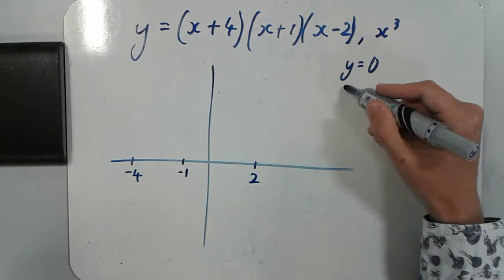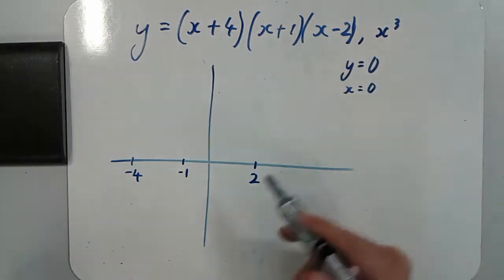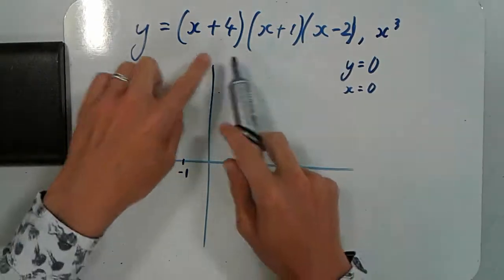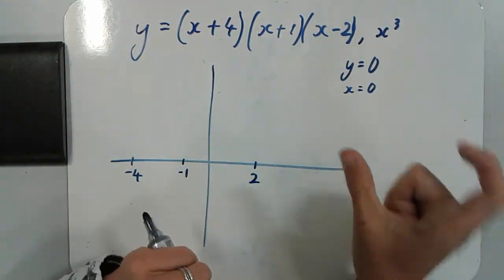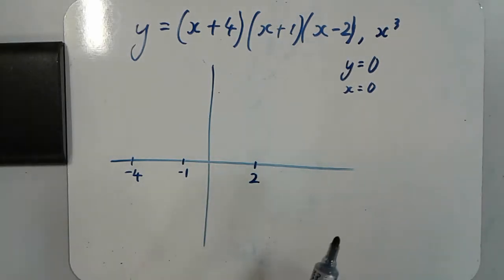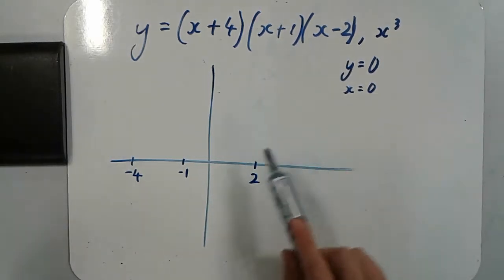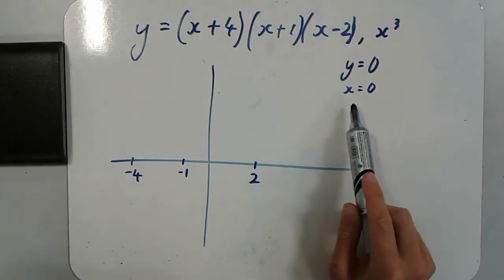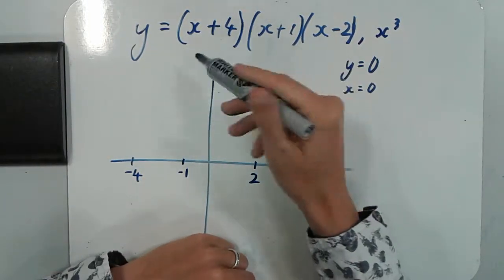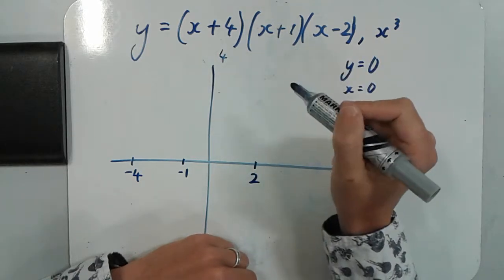The next step would probably be to set x to 0 in order to find the y-intercept. Your first instinct may have been to expand all of this and then look for the plus c at the end. That will work, but it's much harder than it needs to be. So remember, y-intercept is where x equals 0. If x is 0, then this factor here is just worth 4.